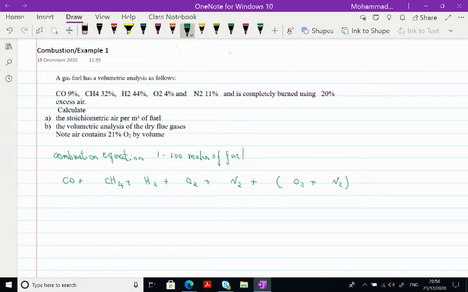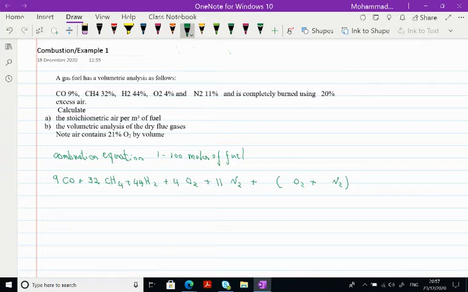So if it is 100 moles of the fuel, we are going to have 9 moles of CO and then 32 moles of CH4 and 44 moles of H2 and 4 moles of O2, 11 moles of N2.